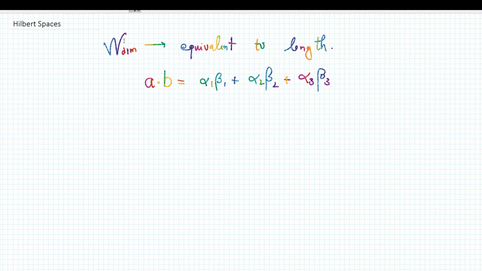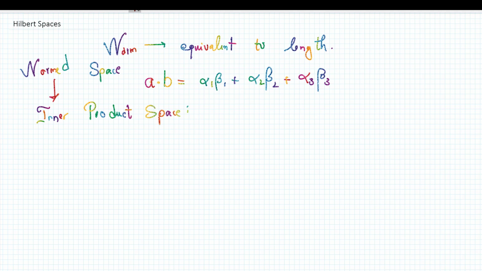So the fundamental reason I'm moving now from a normed space to an inner product space. And what is the difference between a norm space and an inner product space? Well, an inner product space is also a norm space, but the norm in an inner product space is defined, of course, in terms of the inner product.